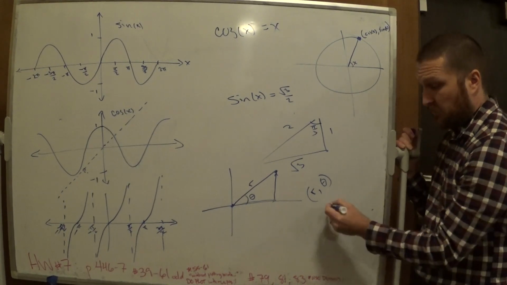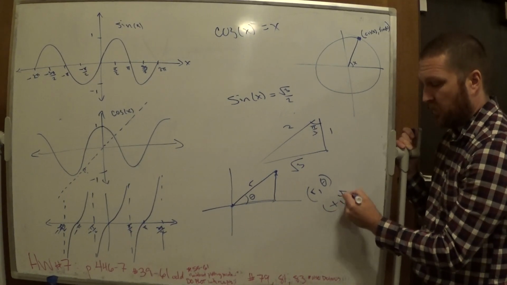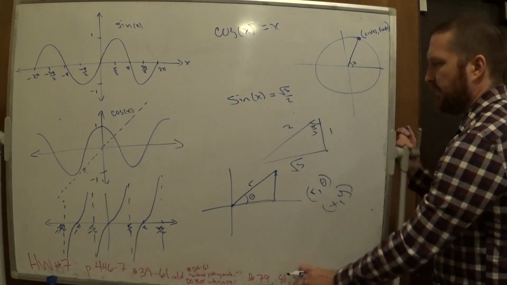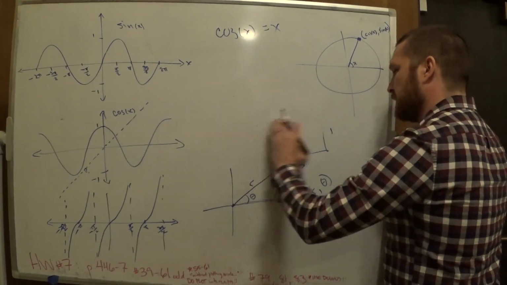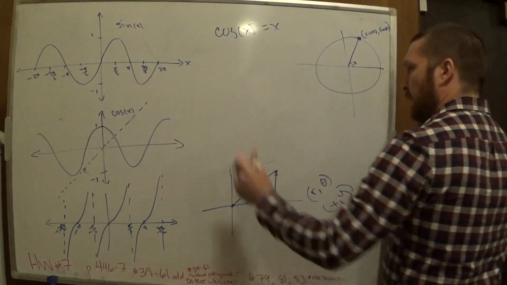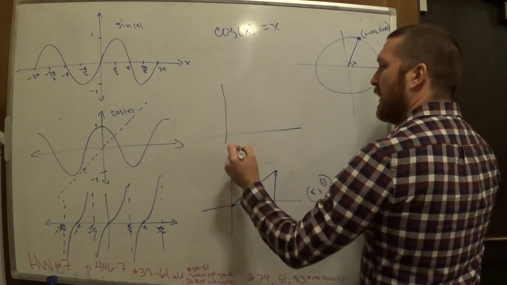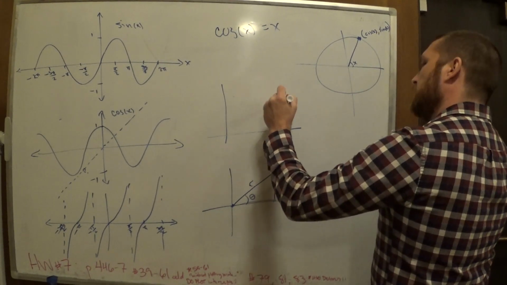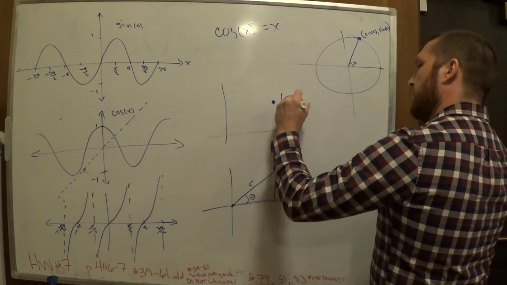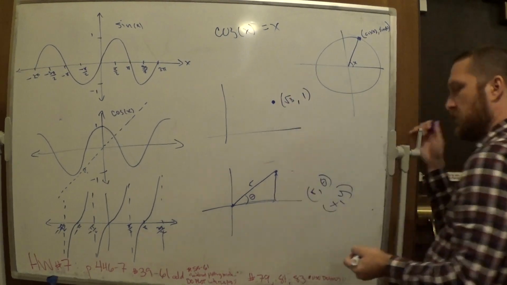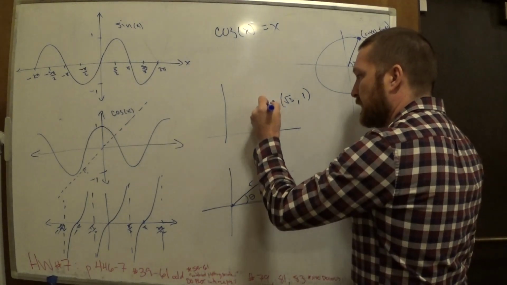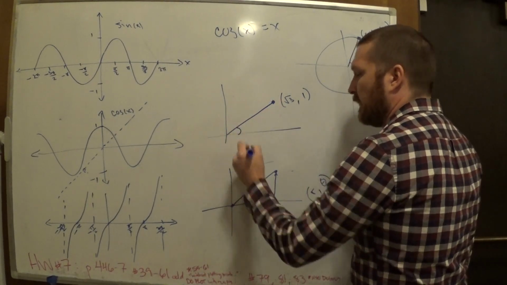I could also do that with explicit coordinates like this. When you do this, this is called polar coordinates. So, for instance, I want to convert the point root 3 comma 1 to polar coordinates. What I'm going to do is say, well, I need a radius and I need an angle.